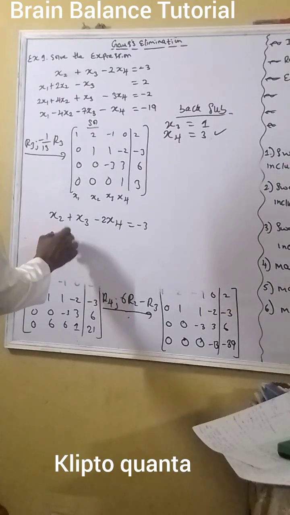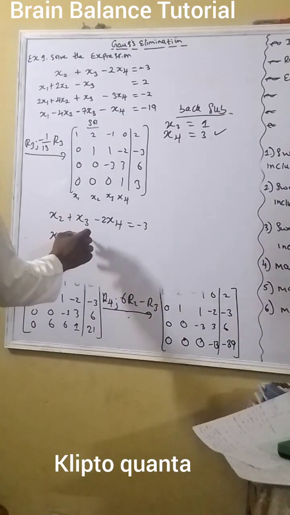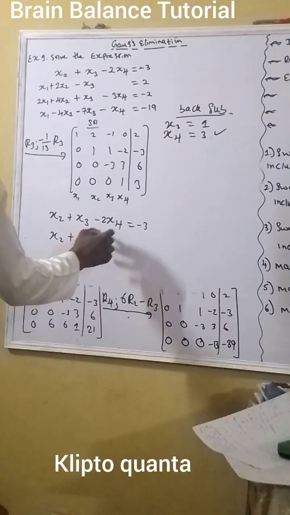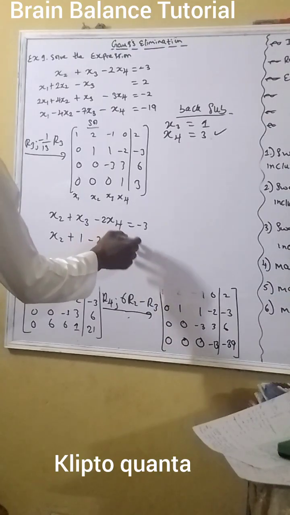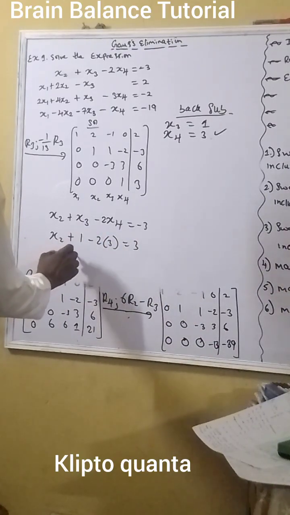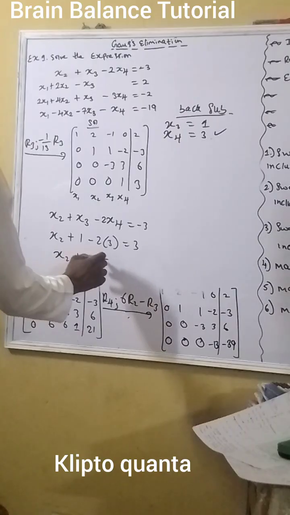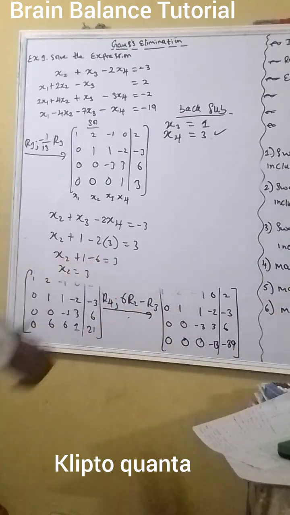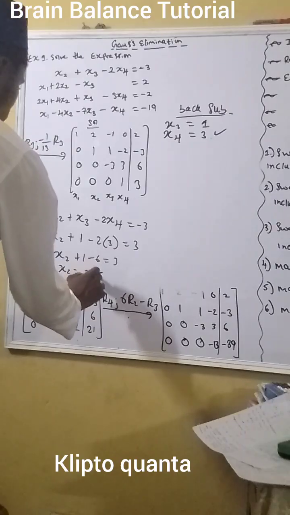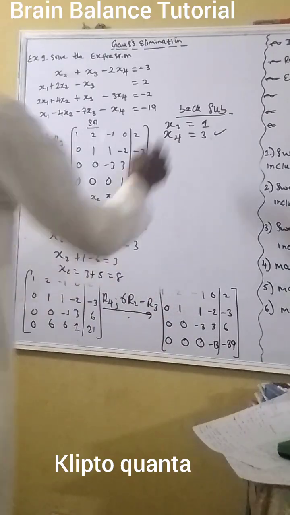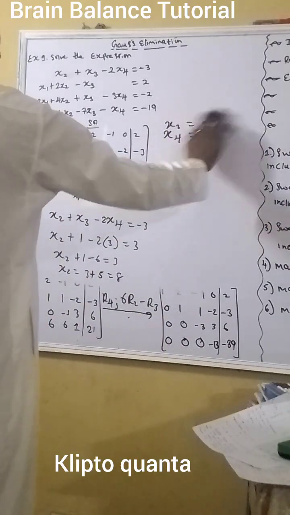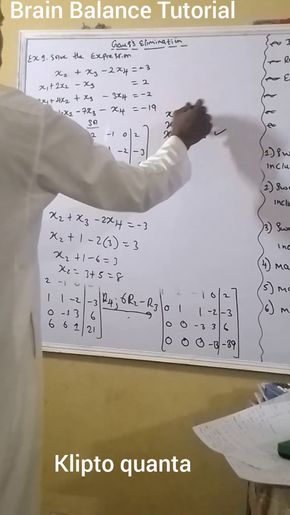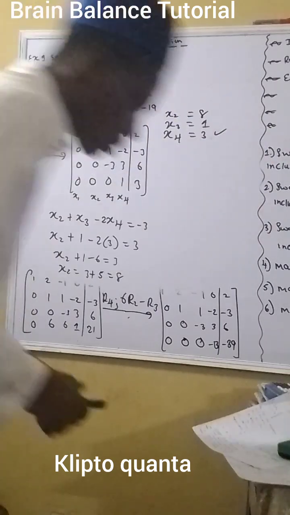So x2 plus 1 minus 2 into bracket 3 equals 3. So x2 plus 1 minus 6 equals 3. So x2 equals 3 plus 5, which is 8. So that shows that our x2 is equal to what? 8. Are you getting what I'm saying?